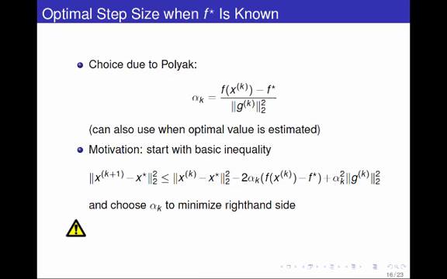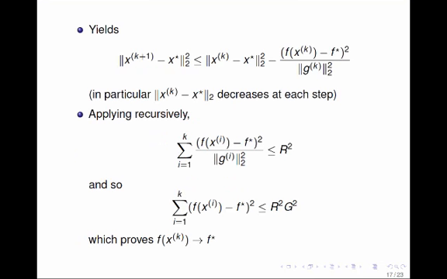Now, you can also guarantee that this step size will send you to f star. To do that, you plug in the alpha that you've computed in this right-hand side, and you get this inequality over here. Again, you apply this inequality recursively from k to 1, and you get a summation of terms.